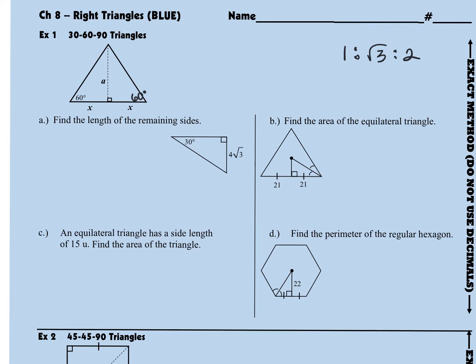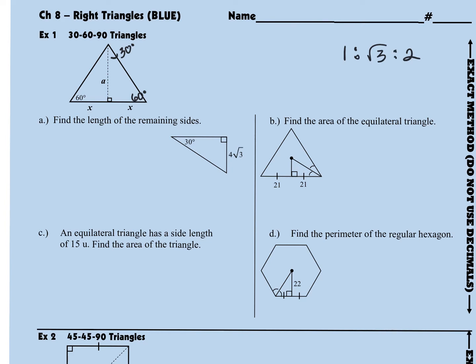Now, if that's the case, we can fill in this little 30 degrees right here. So a 30, 60, 90 triangle is simply a triangle that has a 30-degree angle, a 60-degree angle, and a 90-degree angle. And we can create this nice 30, 60, 90 triangle every time from this equilateral triangle.